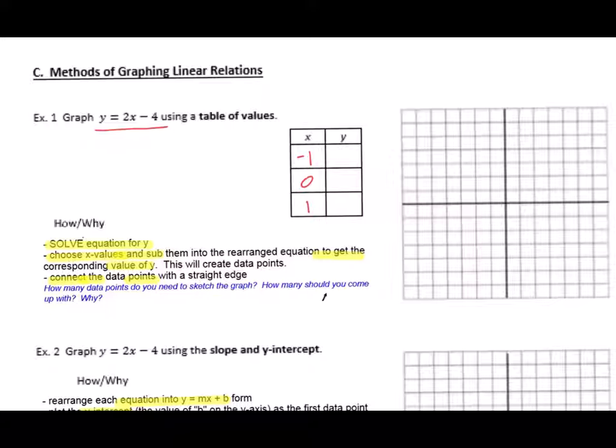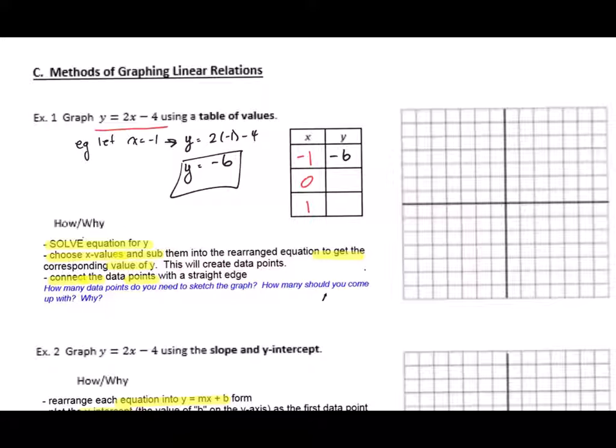When I substitute these things into my equation, for example, if I let x equal negative 1, I'm going to get this as my result. Y is equal to 2 times negative 1 minus 4, which ends up being negative 6 when we do our final calculation. And all we have to do is fill that in our chart.